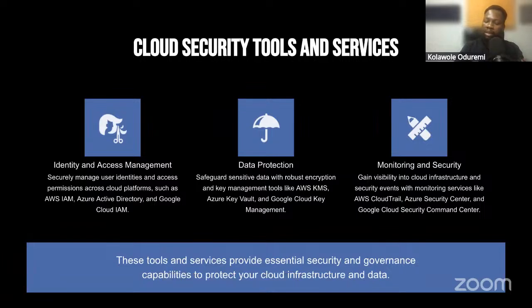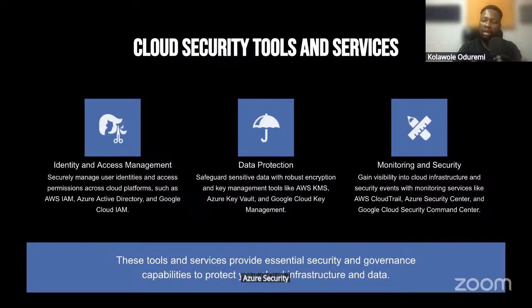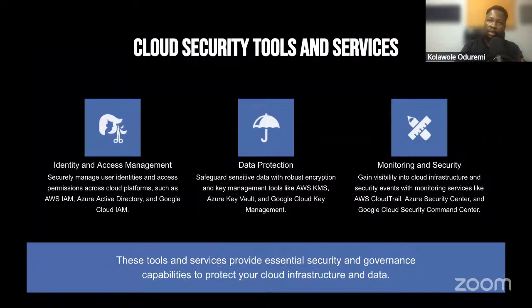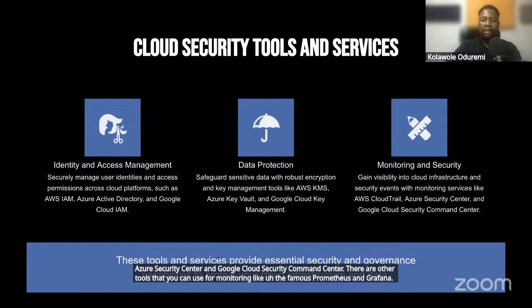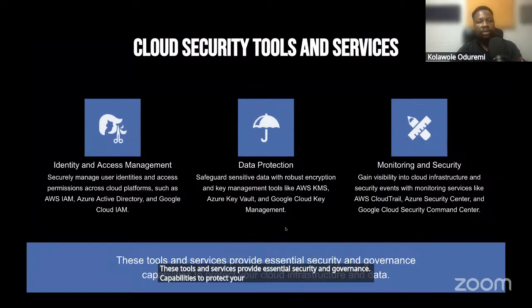For monitoring and security, you can gain visibility into your cloud infrastructure and security events with monitoring services like AWS CloudTrail, Azure Security Center, and Google Cloud Security Command Center. There are other tools that you can use for monitoring, like the famous Prometheus and Grafana. These tools and services provide essential security and governance capabilities to protect your cloud infrastructure and data.